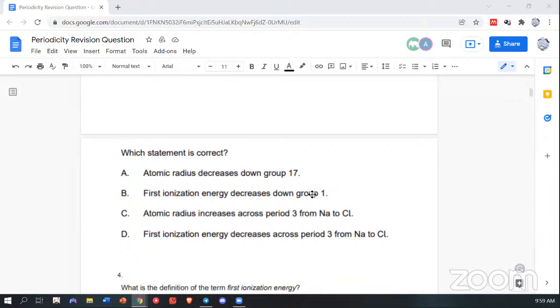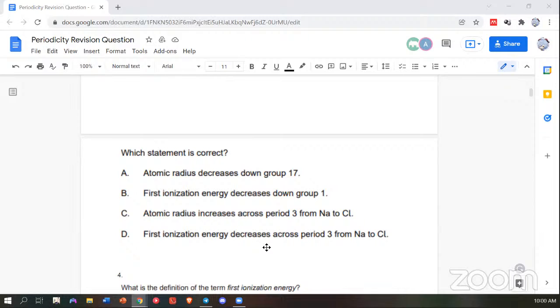Sebab dia bertambah proton, dia akan attract the valence electron tu lagi kuat to that yang paling kiri. Na tu force dia nuclear attraction dia tu kurang lah. So to that of Cl dia akan ada kuat lagi nuclear attraction dia. D, first ionization decreases across period 3 from Na to Cl.